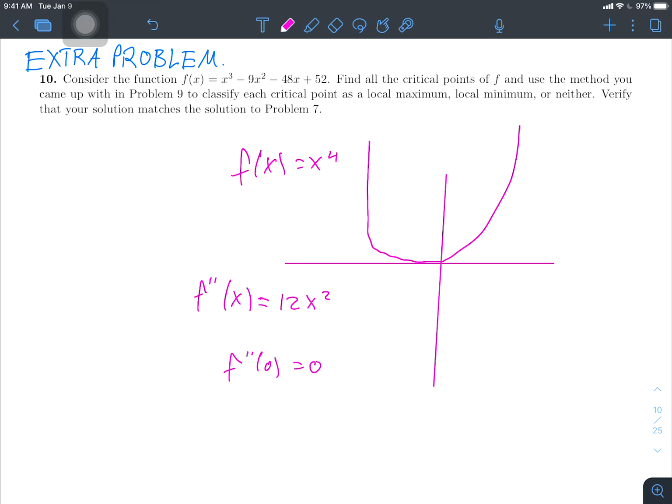And so if you were to use the second derivative test, you would say, this tells me nothing about what's happening at x equals 0. But from knowing what the graph of a quartic function like this looks like, we know there is going to be a minimum there. So that's a situation where we have to use the first derivative test.